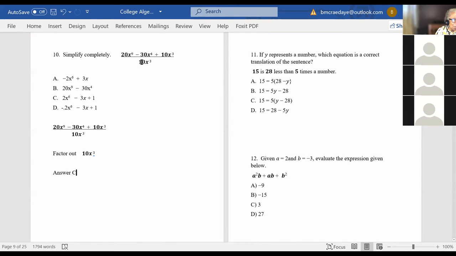Oh, well, you're going to divide each one of these terms by 10x to the third, right? And that's how you got the 2x to the 6. This one you got 3x to the 1. Subtract the exponents when you're dividing. 4 minus 3 is 1. And of course, 10x to the third divided by 10x to the third is 1. Okay?